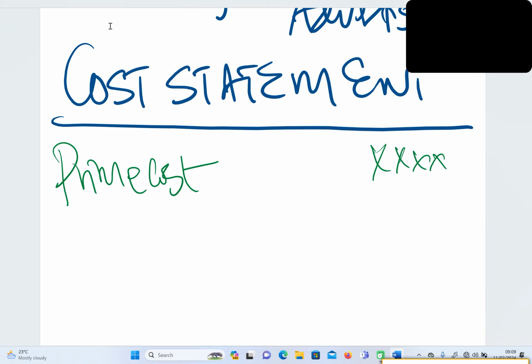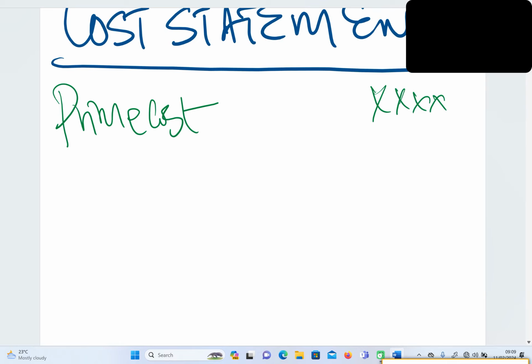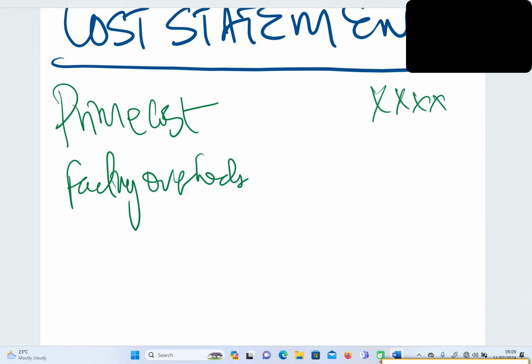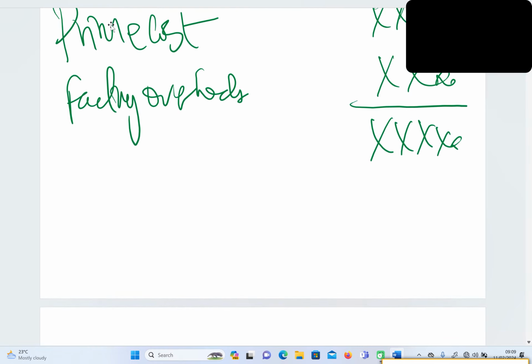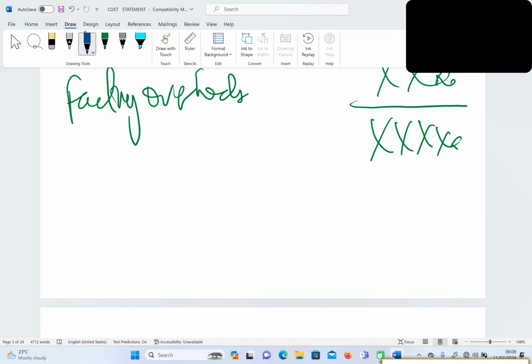Number two, you will have factory overheads. Having that, you have a certain total here.